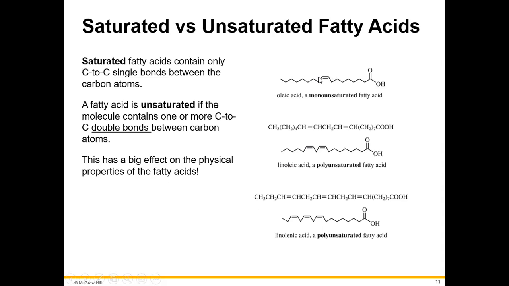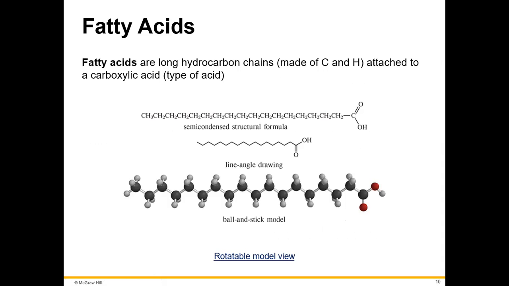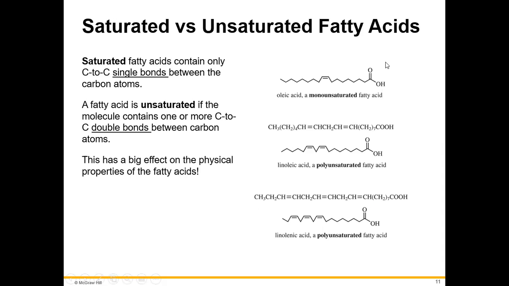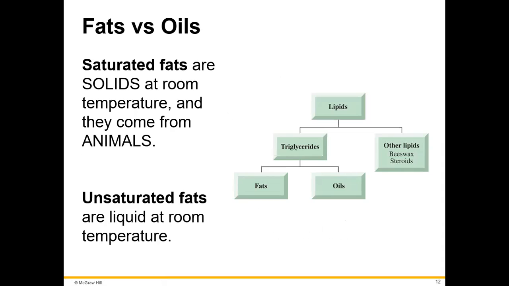And so because you've got no flat spots versus flat spots, you have a big impact on the physical properties, so the boiling point, the melting point, all that stuff. So when we're talking about saturated and unsaturated fats, we're also looking at their physical properties. Saturated fats are the storage molecules for animals.